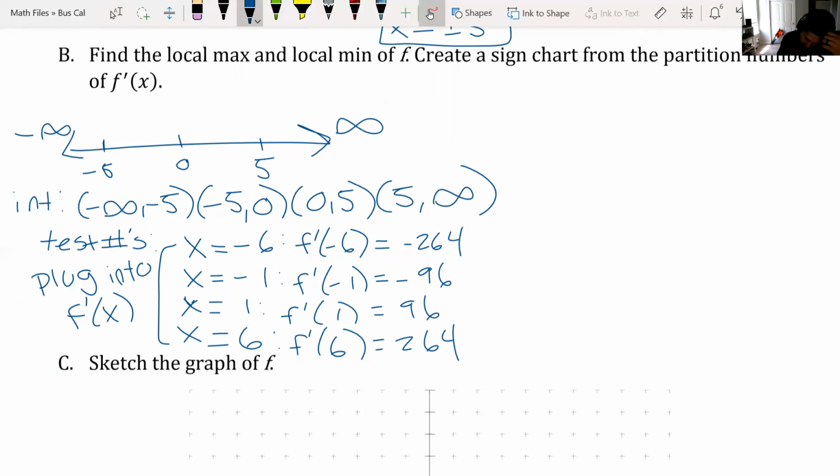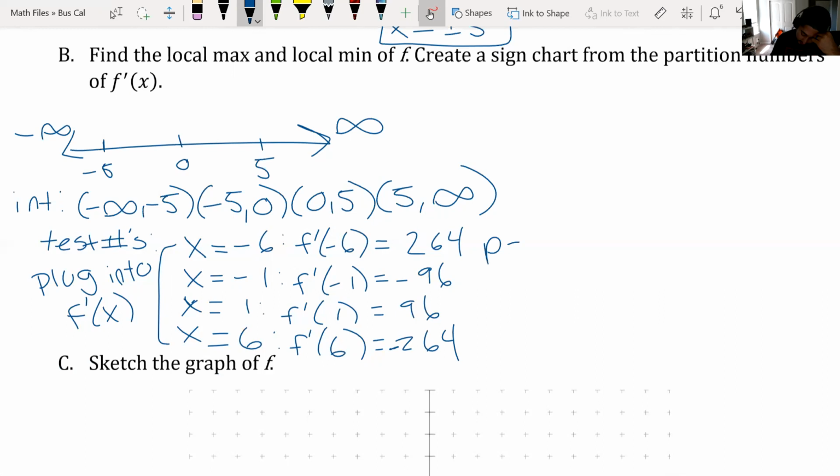Right? Or did I mess that up? Oh, wait. Yep, I didn't type in -6 in the beginning. -6 gives me +264. There you go. -6, 264; -1, -96; 1, 96; 6, -264.